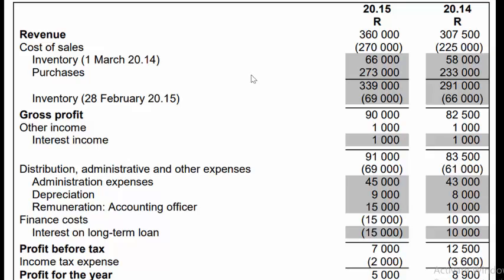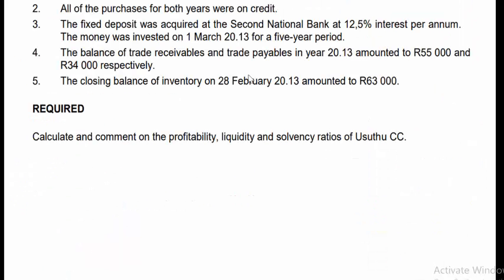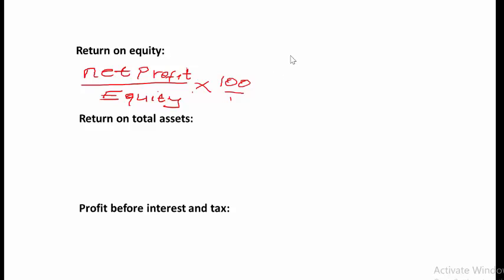Now we also need to check our total equity. So let's go record what we have firstly, which will be our 2014. Let's put it down in years: 2015 maybe here, and we have our 2014 here. So let's go ahead and calculate.